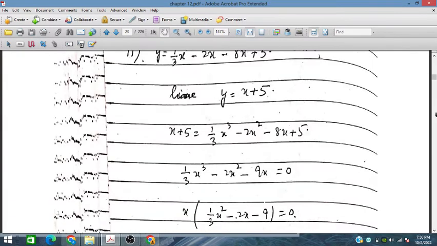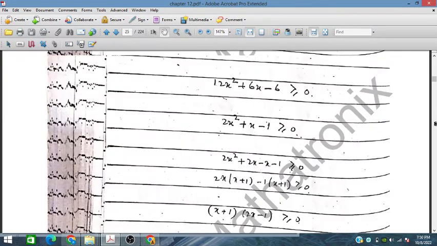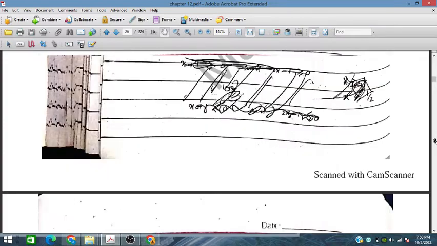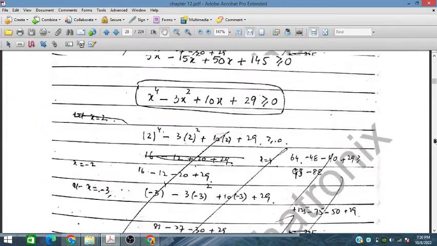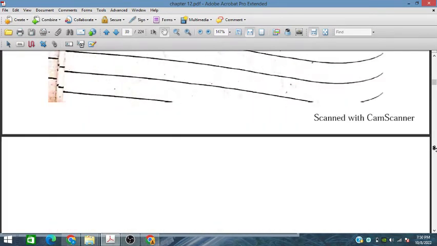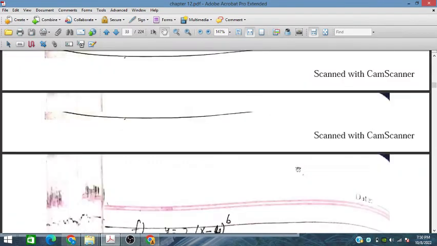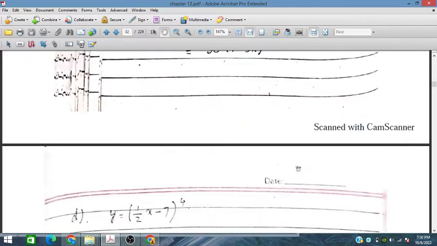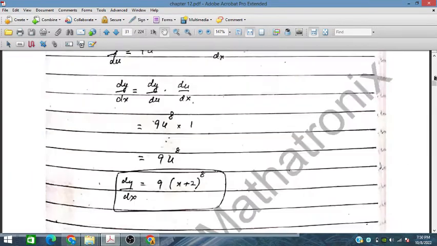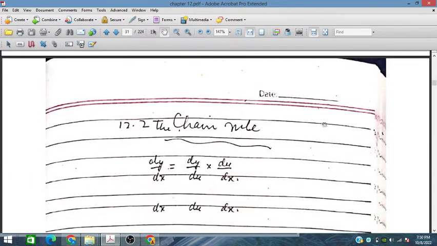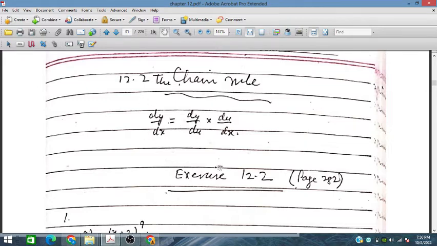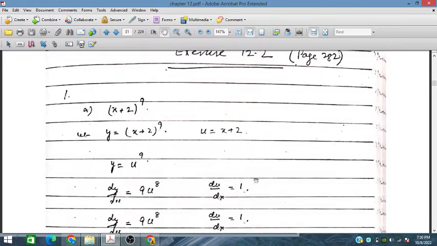This is the additional mathematics course for IGCSE and O level, and this chain rule will be used here for exercise 12.2.